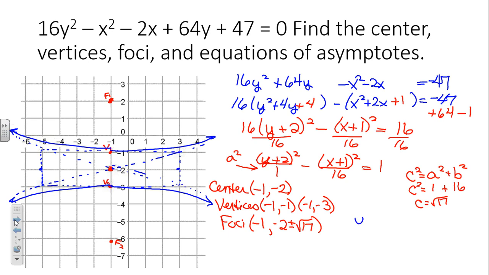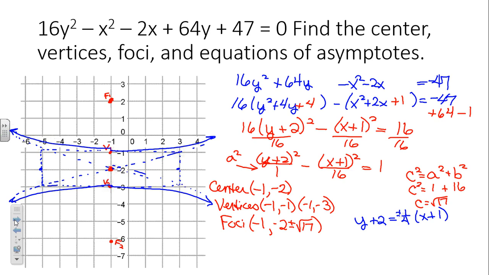So y minus its coordinate is equal to our slope plus or minus times x minus its coordinate. Make sense?